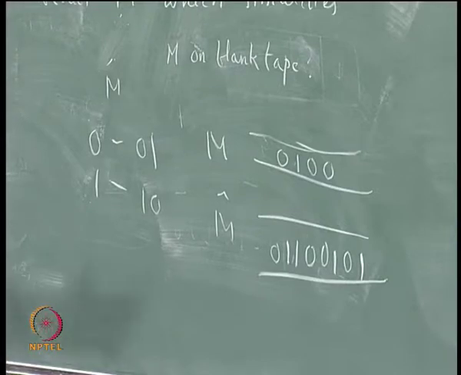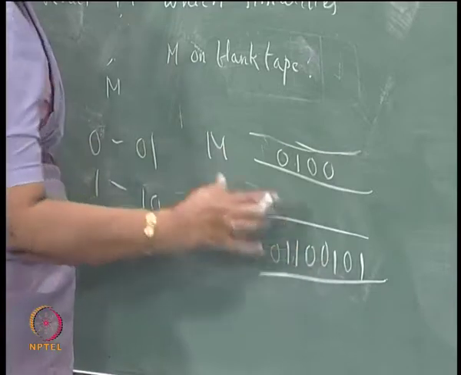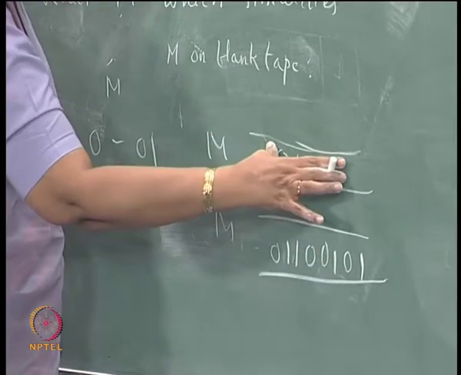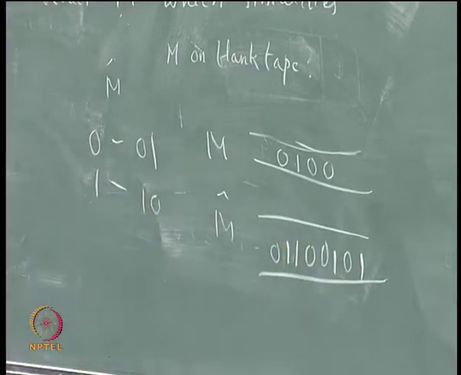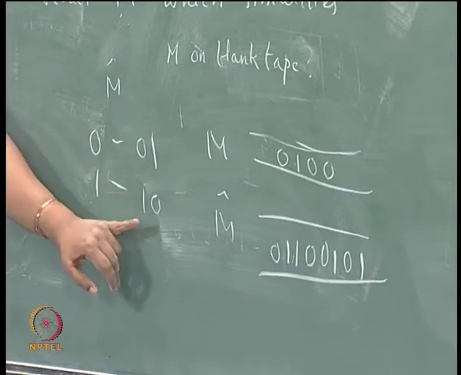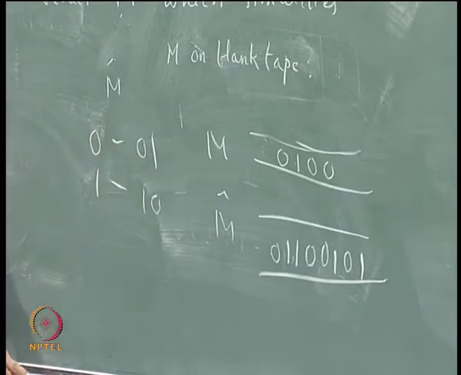So, whatever non-blank portion of the tape is there for M, if you represent it in M cap, it will not have 3 consecutive ones, because 0 is represented as 0, 1 and 1 is represented as 1, 0.